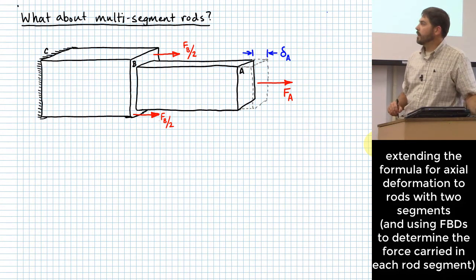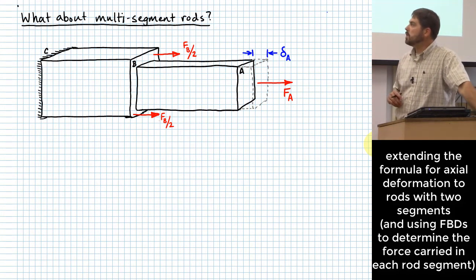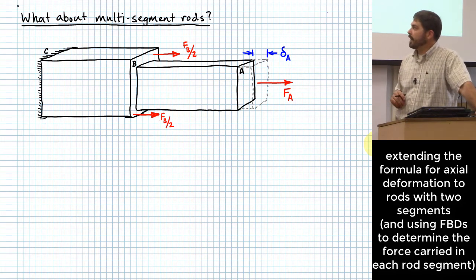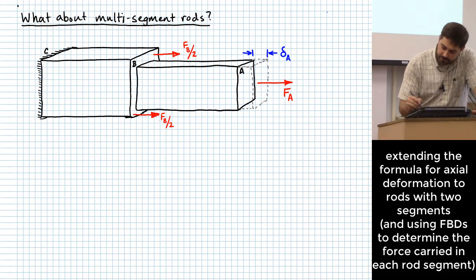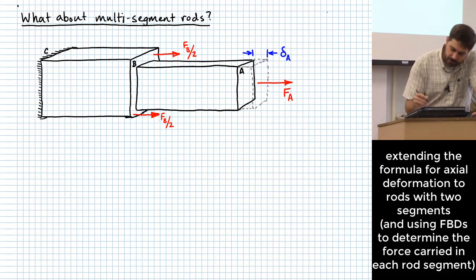So let's say we have more than one force being applied onto this piece. It can be made of two different kinds of material. To indicate that, let me label over here.